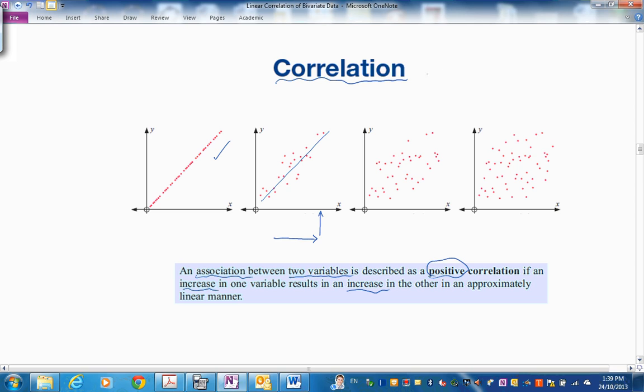Okay, let's go across to this one here. We've still got a basic linear form, I suppose, and it's still positive, but it's not a very strong association. If you take a value here for x, y could be that low or up here. Not like back over here.